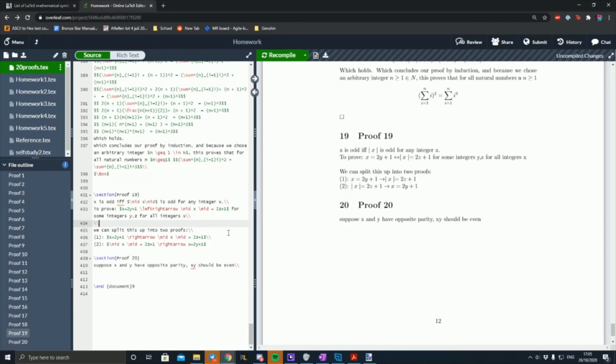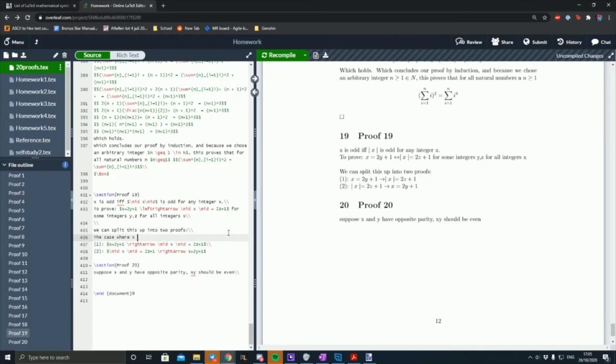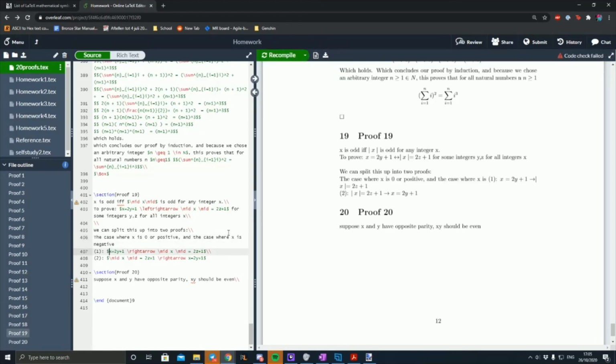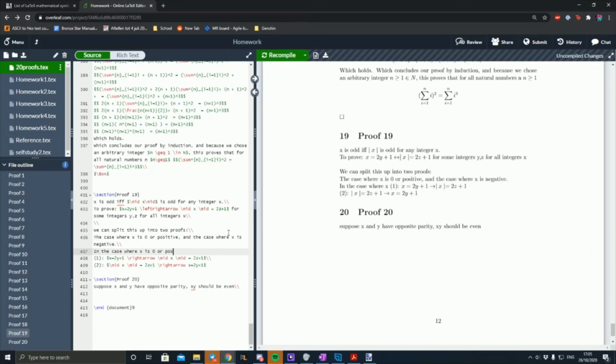So we can still split it up into two proofs, namely the case where x is 0 or positive, and the case where x is negative. In the case where x is 0 or positive, x is equal to the absolute value of x, which makes sense.